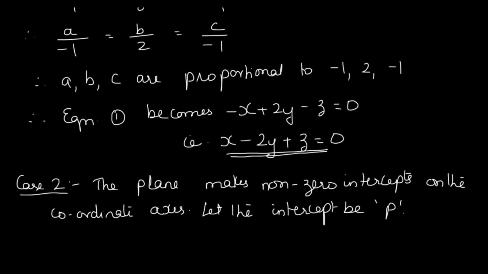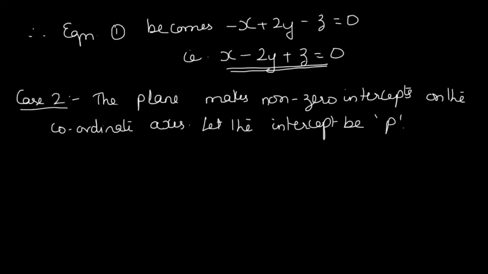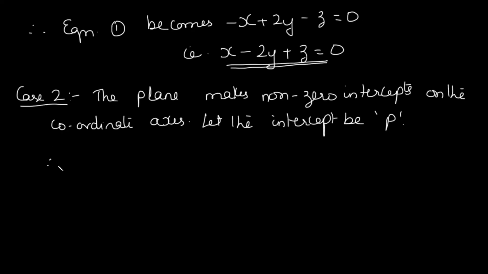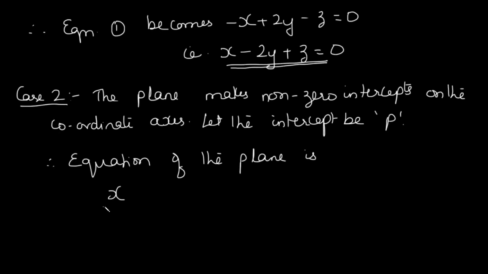So in this case, we can write the intercept form of the equation of the plane. I have told you about it before. The intercept form of the equation of the plane is x upon p plus y upon p plus z upon p is equal to 1.